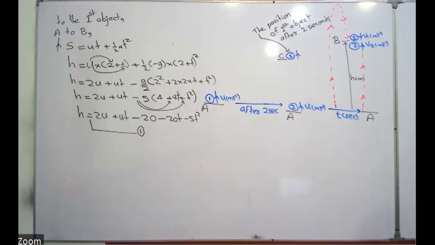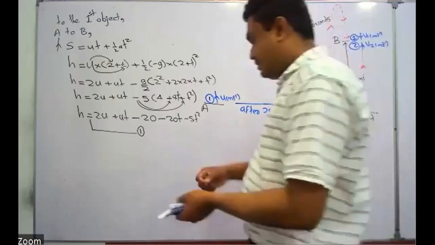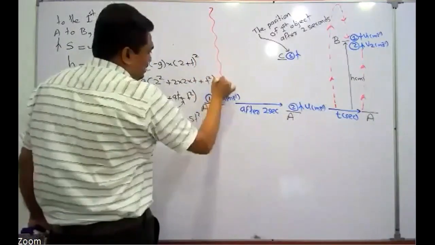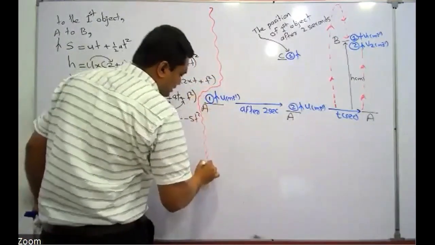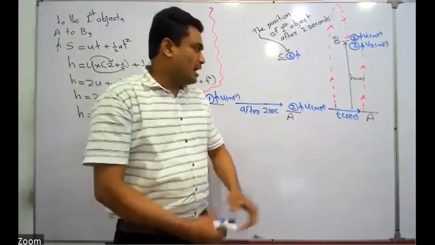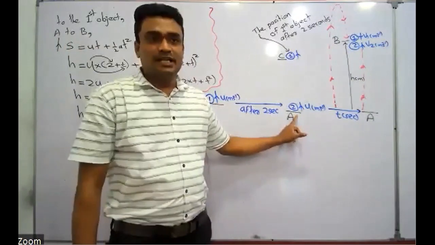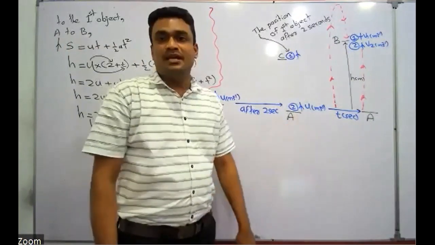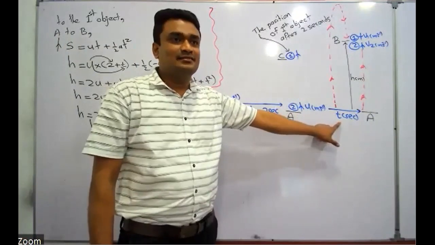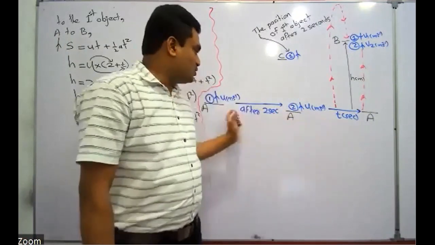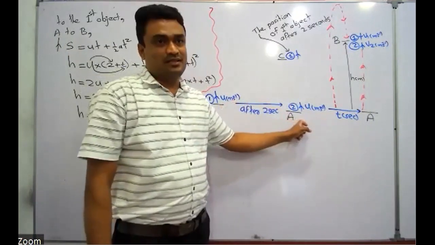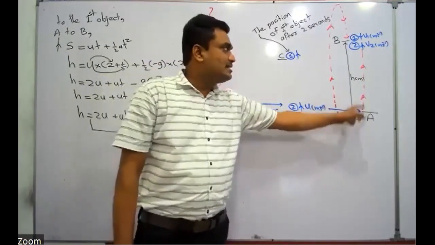Now write the next statement. The time taken for the second object to reach the point B equals simply t. Am I right? The first is thrown, and after 2 seconds the second is thrown. After t seconds they meet.